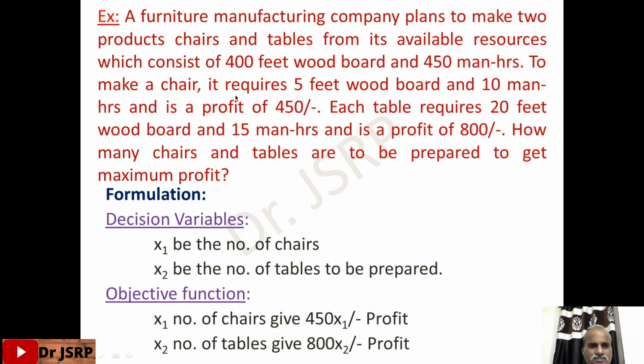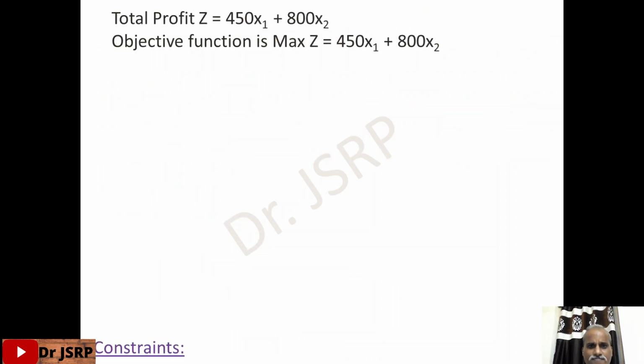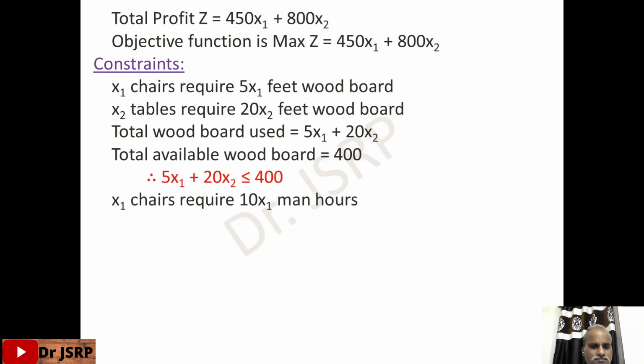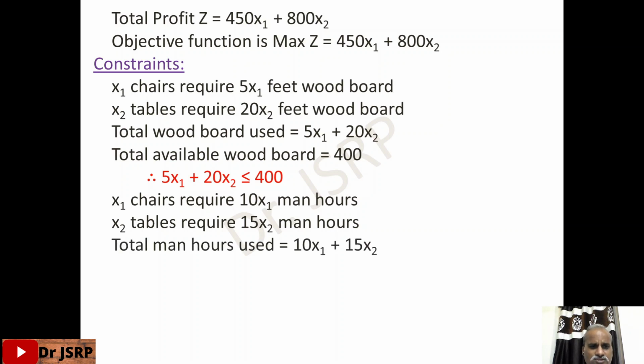See the problem. One chair requires 10 man hours. So x1 number of chairs require 10x1 man hours. Next, one table requires 15 man hours. x2 number of tables require 15x2 man hours. So total man hours used is 10x1 plus 15x2.